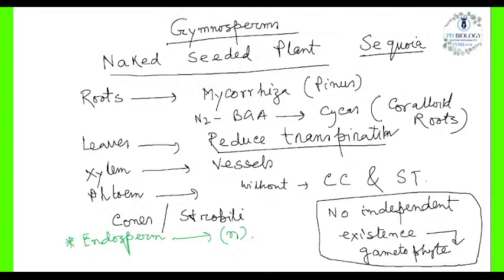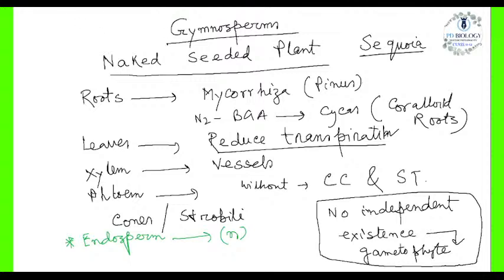Because it is formed before fertilization and represents the female gametophyte. After fertilization, zygote develops into embryo and ovules into seeds which are not covered. So ovules form into seed, but they are not covered.